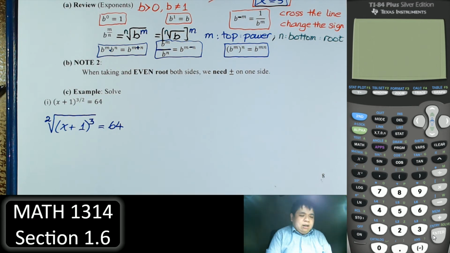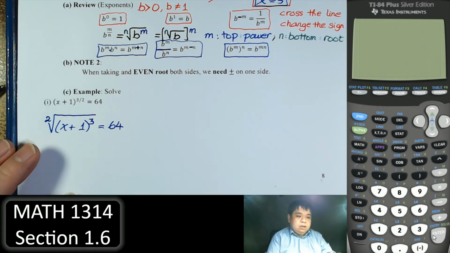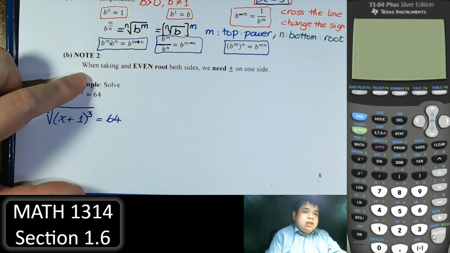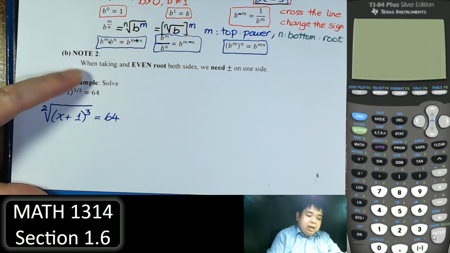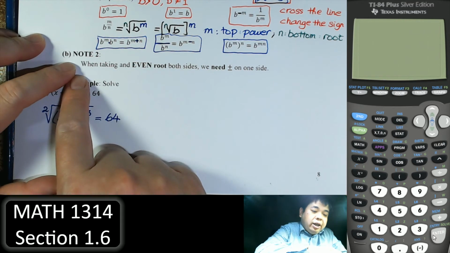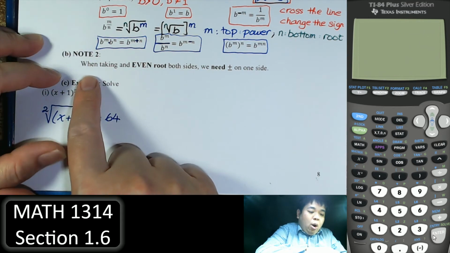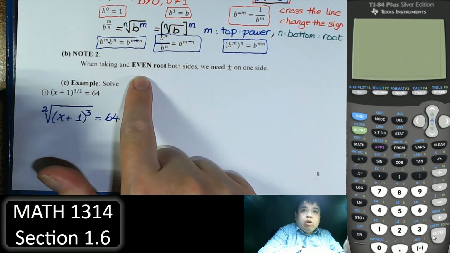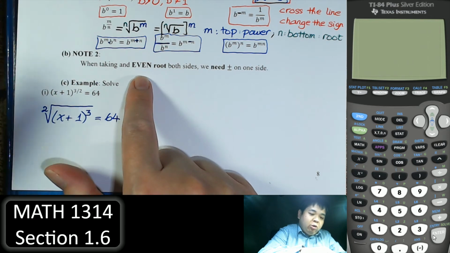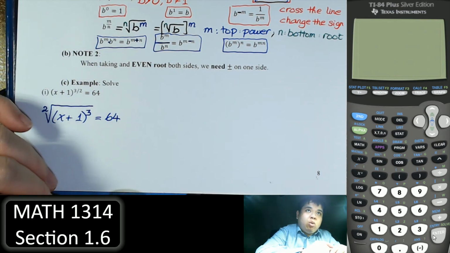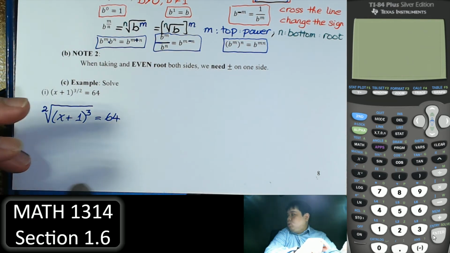Right. Now, before we continue, there's a note here. It says when taking an even root, including square root, fourth root, we need plus or minus on one side. So there are two rules in this section.